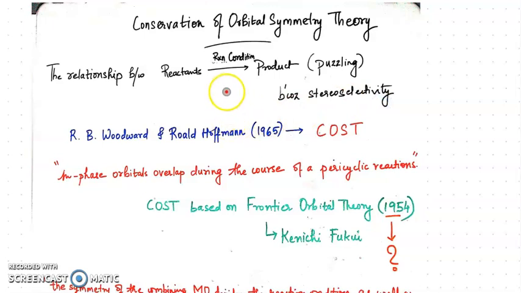Because when the pericyclic reactions were discovered and understood, scientists always wanted to understand how the configuration of the reactant affected the product that is formed, and how the reaction condition affected the product that is formed.